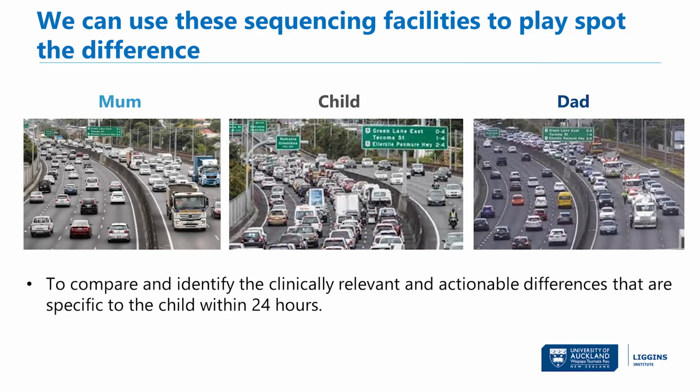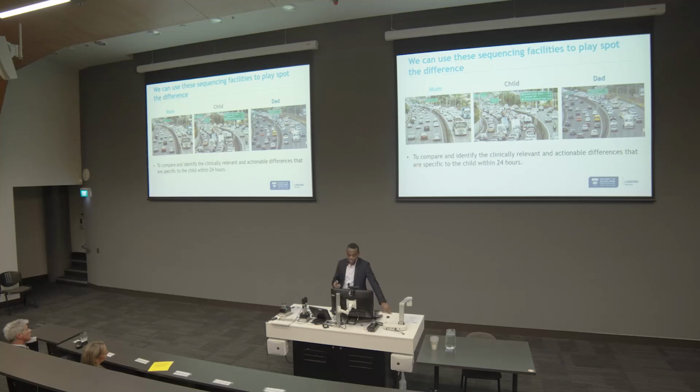So what we want to do is sequence, as Frank mentioned, the DNA of the sick child, the mom, and the dad. This will help us identify whether there are changes in the DNA, and whether there are rare genetic changes that could be causing the child's critical illness.